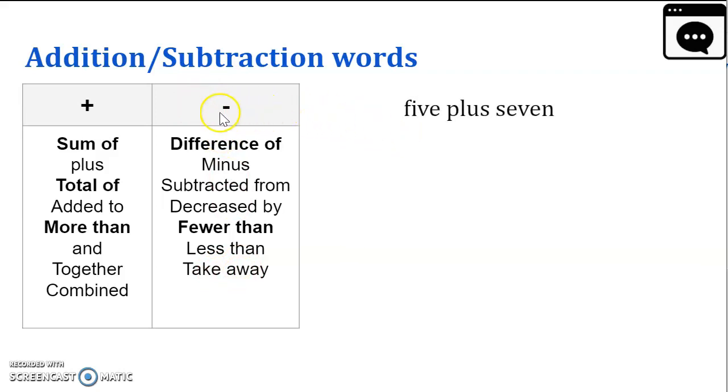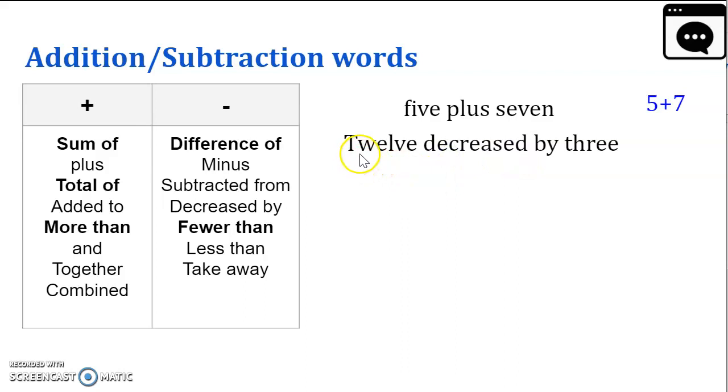Okay, so when you see 5 plus 7, can you translate English into math? Literally, this just means 5 plus 7, like so. Okay, let's get a little bit more tricky. 12 decreased by 3. So decrease by, okay, instead of just going to the table, think logically.